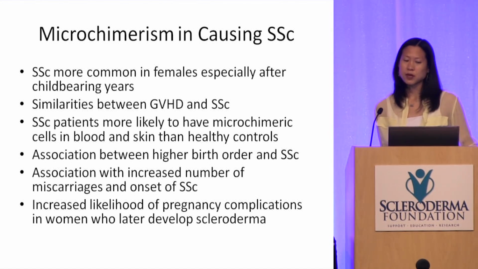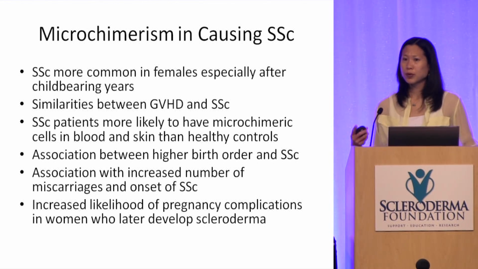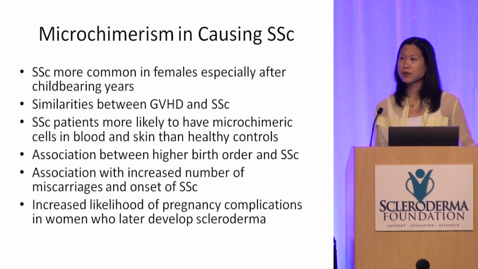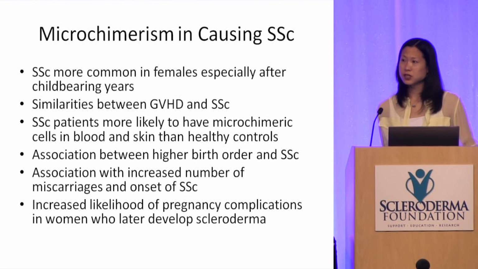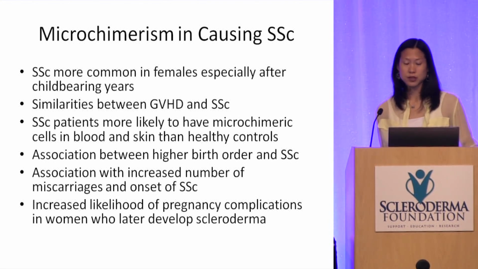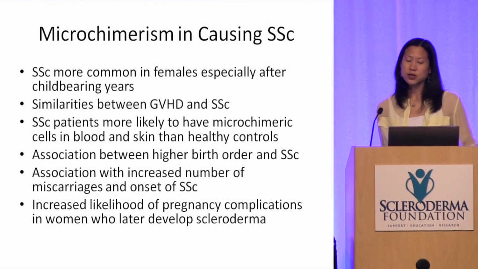Thirdly, systemic sclerosis patients are more likely to have microchimeric cells in their blood and skin than healthy controls. There's an association between higher birth order, so being born later in terms of the number in your family, and the development of scleroderma later on in life. There's also an association with increased number of miscarriages and a later onset of systemic sclerosis. And finally, there's an increased likelihood of pregnancy complications in women who later develop systemic sclerosis.